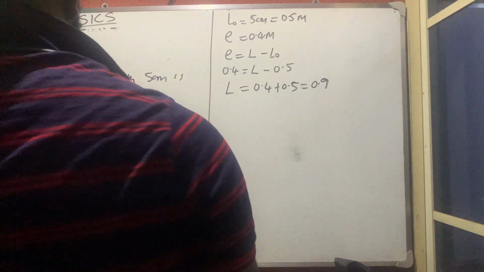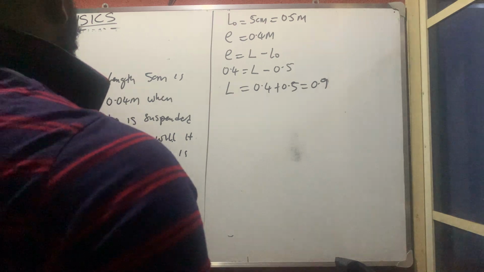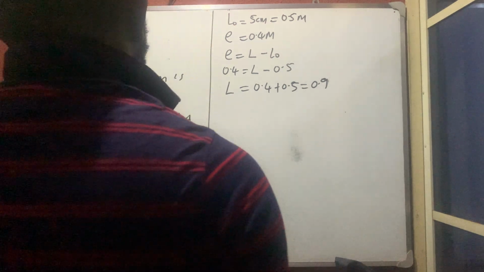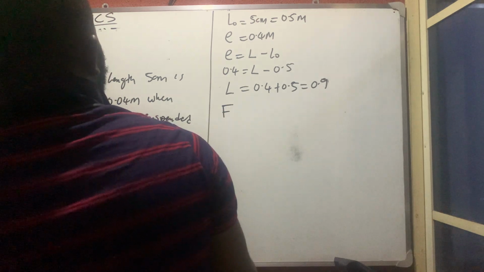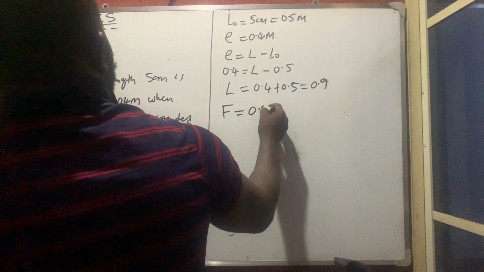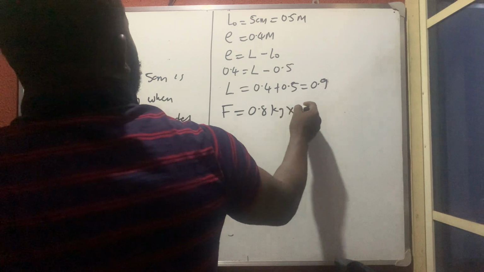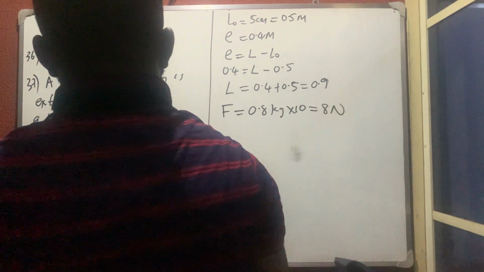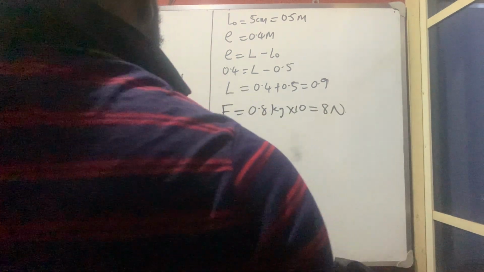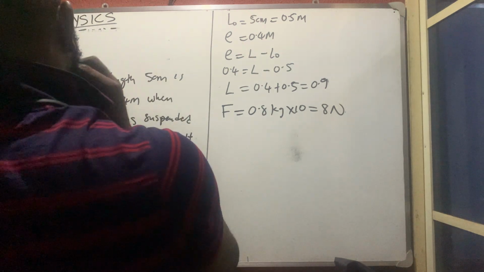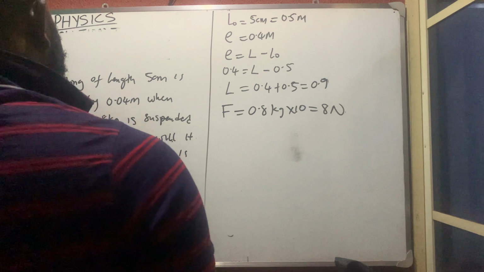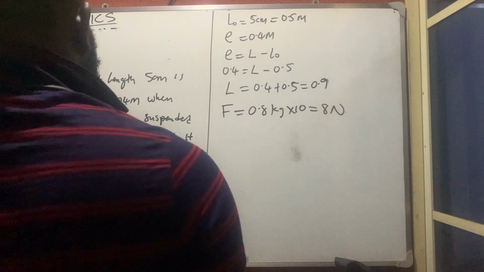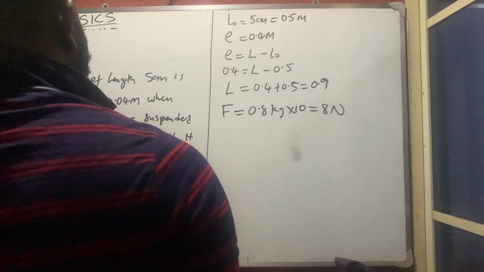They say that when a load, let's call it force, the load of 0.8 kg times 10, which will give you 8 Newton, is suspended at the end. Now they say how far will it extend if a force of 16 Newton is applied.